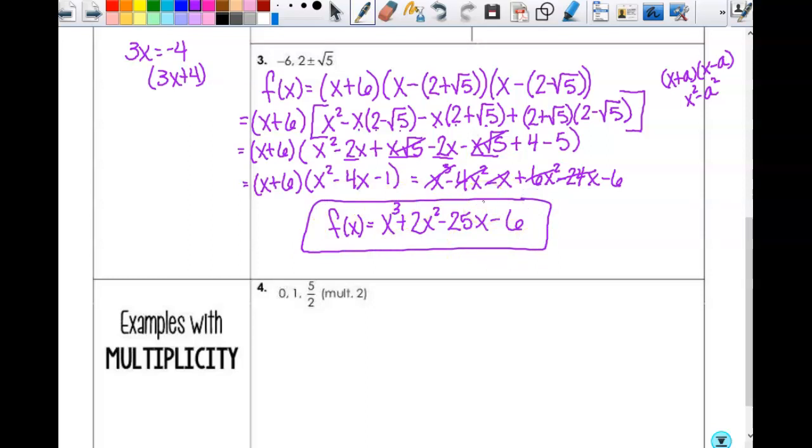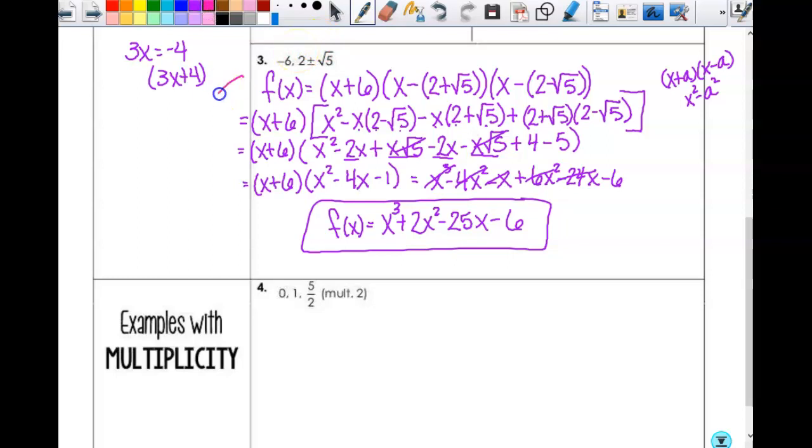If you have sloppy, all over the place work, you are going to struggle with this. Okay? This is square roots. I mean, this is basically Algebra 1 skills, being able to multiply these polynomials. The pre-cal part of this is understanding how these are zeros and how we are writing the polynomial.